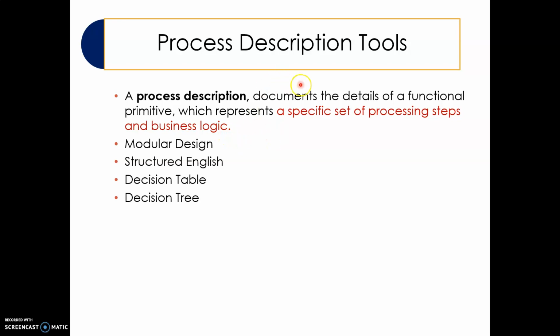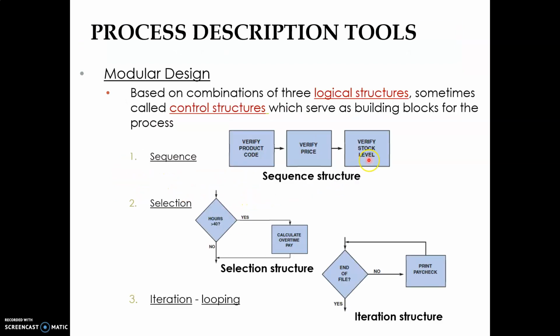So moving on to the process description tools. Process description tools document the details of a functional primitive, which represents a specific set of processing steps and business logic. There are modular design, structured English, decision table, and lastly decision tree.